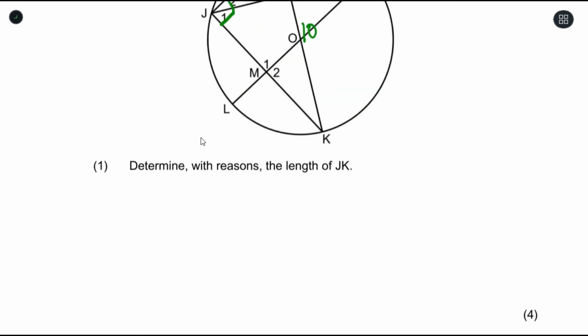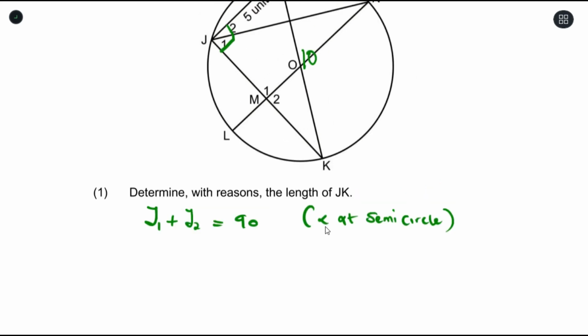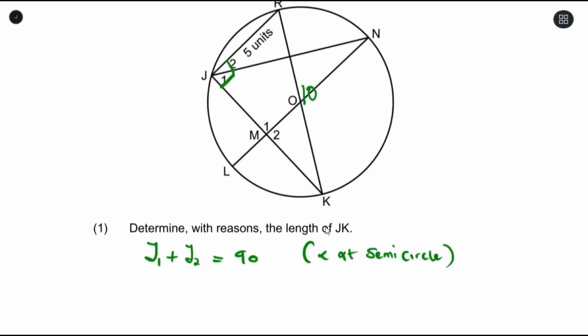So to write all this down, the first thing we're going to say is J1 plus J2 is equals to 90, and the reason is angle at a semicircle. Now because of that, we understand Pythagoras can be used, right?